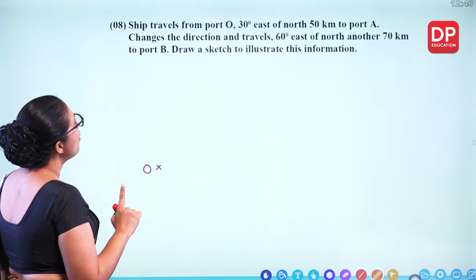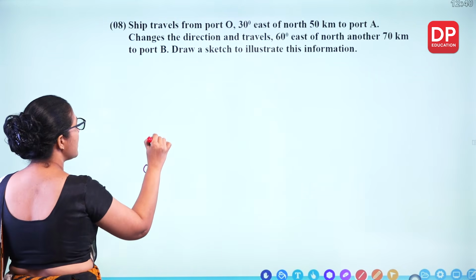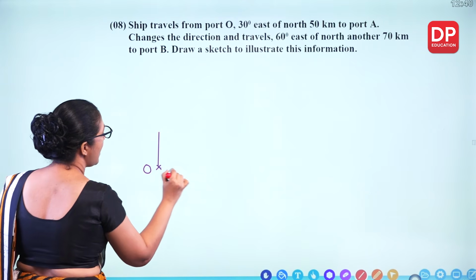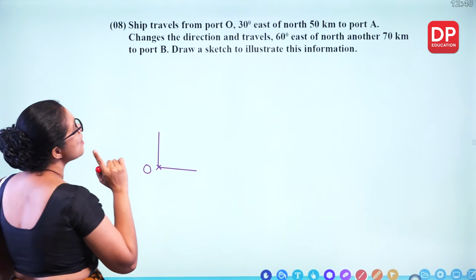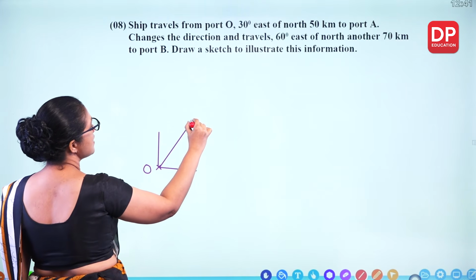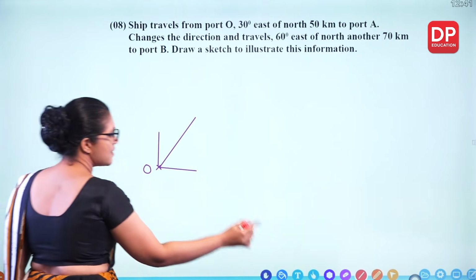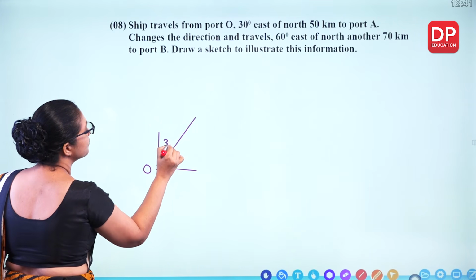From O, 30 east of north. If you draw the directions here, north and east, this direction is 30 degrees east of north. So 30 degrees east of north means this direction. So this is 30 here.